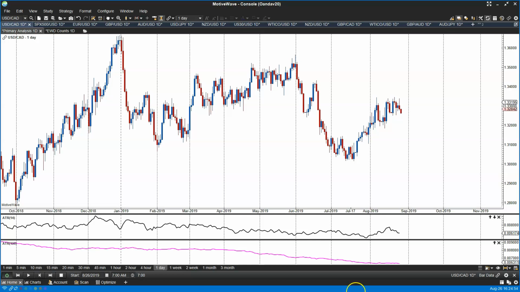So just by putting my cursor inside the average true range box, I can see that the average true range for the 14 days is roughly 62 pips, and the average true range of the magenta true range, which is 100, is roughly 64 pips. So I've used 62 pips for both.